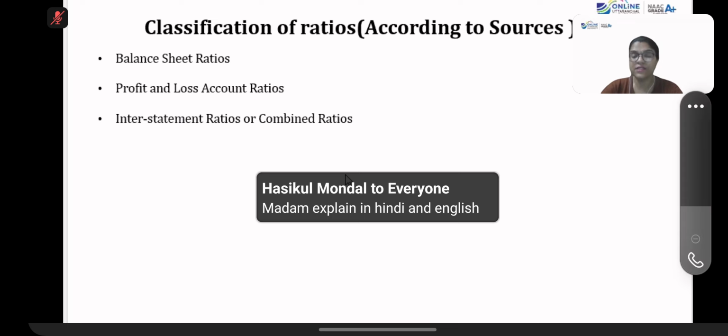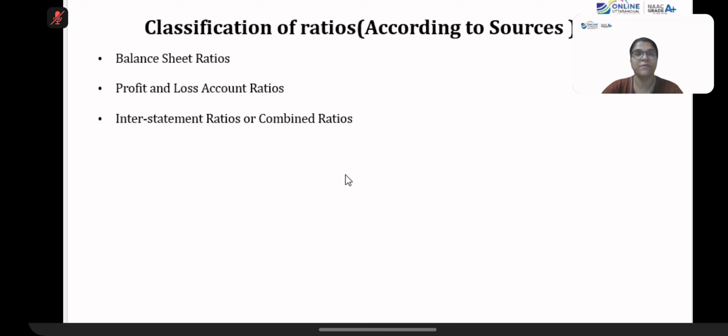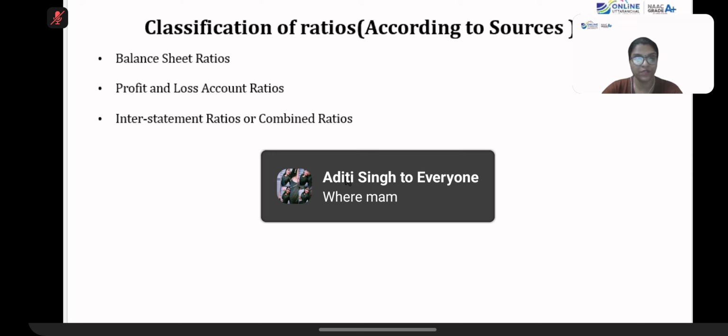And interstatement or combined ratios are those in which you have a combination of both the numbers. That means from the ratios, we need two numbers. One would be from balance sheet and the other would be from P&L, or vice versa. One would be from P&L, other would be from balance sheet. So that is combined ratio.